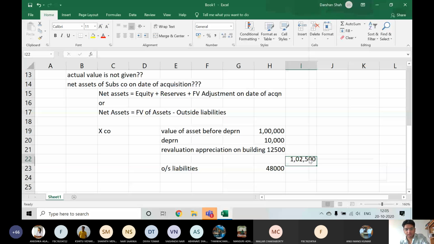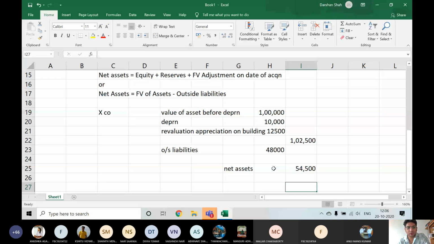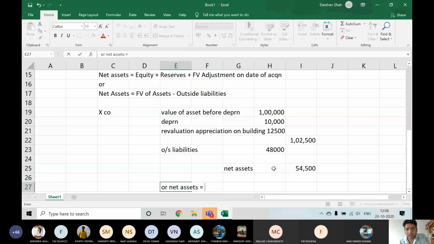Or I can also say net assets is equal to equity plus reserves and surplus, because अगर outside liability पता नहीं है मेरे को, plus this 2,500. ऐसा भी कर सकता हूँ ना मैं? हाँ जी.